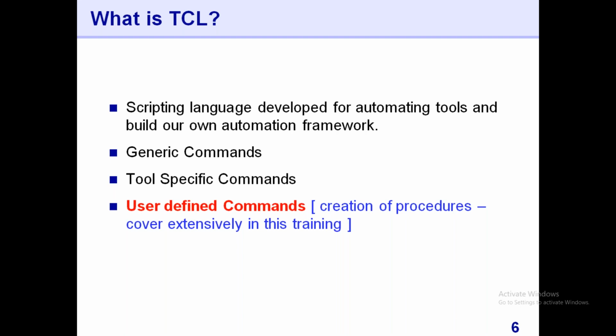So here we are coming to the Tcl. Here we will create our own procedures. Procedures are basically a function, a piece of code. If you want to execute it again and again, we will create our own commands. Once you are done with creation of a procedure, it has its own set of arguments. Once you source the procedure, every time you can just execute your command along with the arguments.